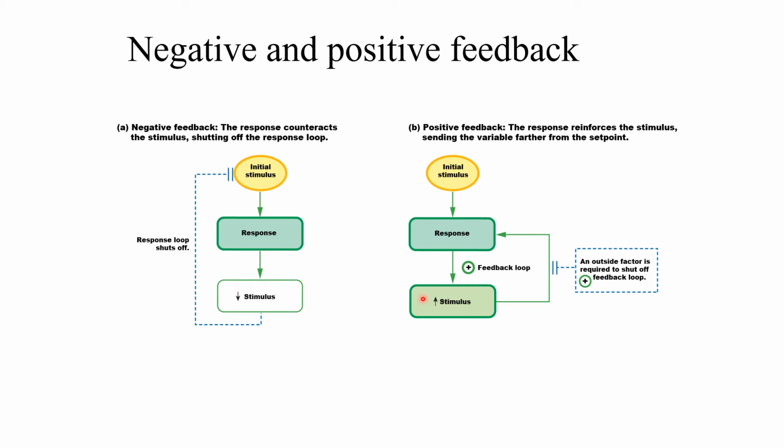Instead, it's trying to reinforce it, and that's going to send you further away from the normal value, away from that homeostatic normal range. And so the cycle is going to keep going, your body's going to keep moving you further away from that normal range. And so really, to stop that loop, you need an outside intervention. So let's go ahead and check out examples for both of them.